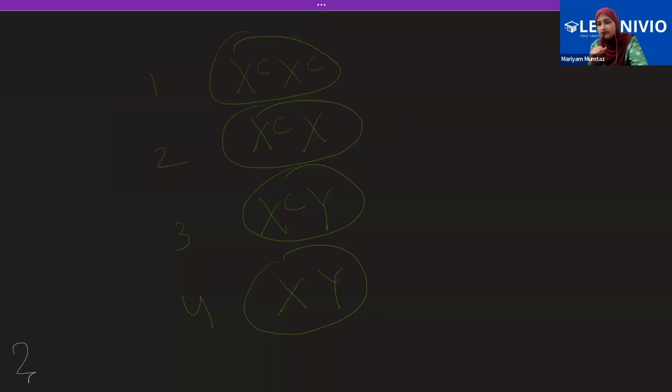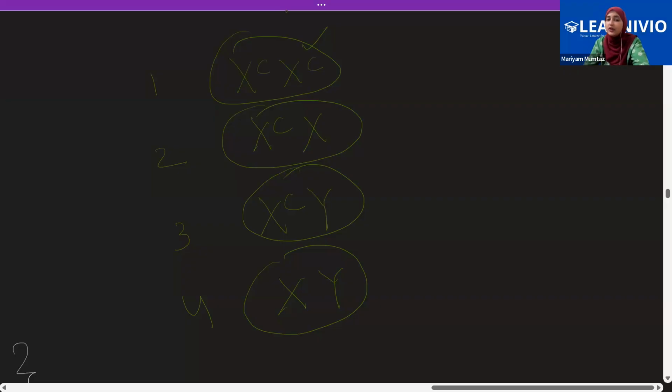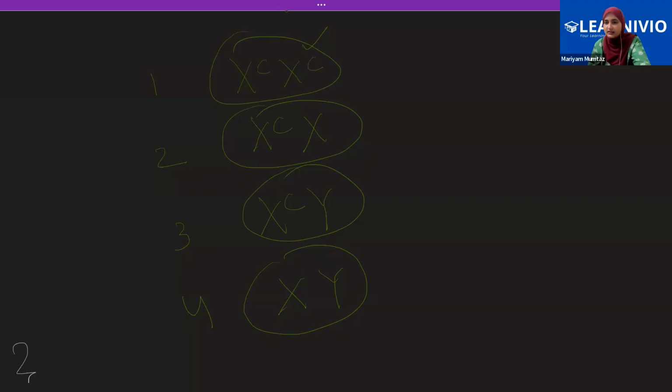The first one. Why? Because both of them have color blindness, so the offspring also will have it because of dominant parents. No, not because of dominance. It's because right now it is in the homozygous condition, isn't it?